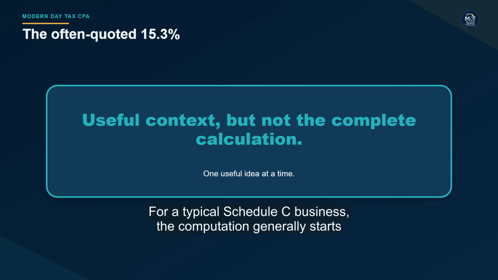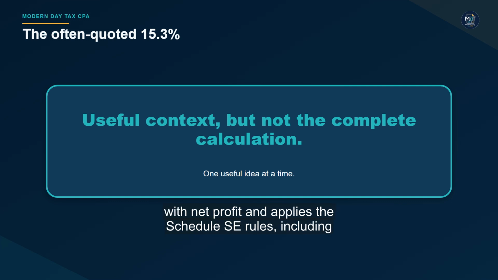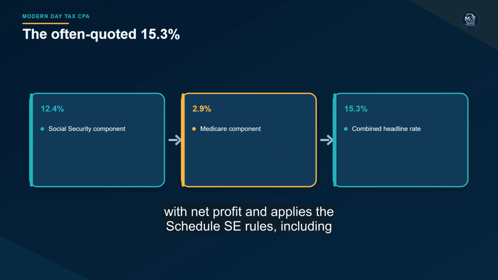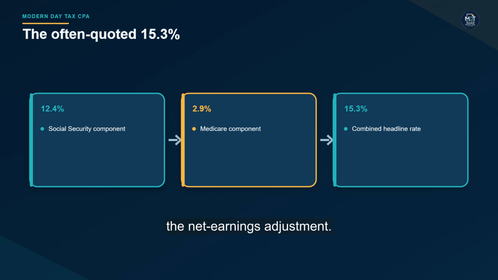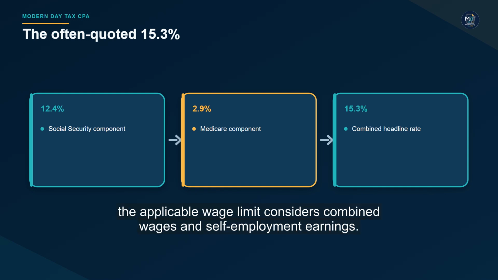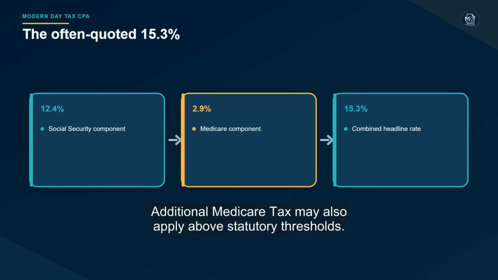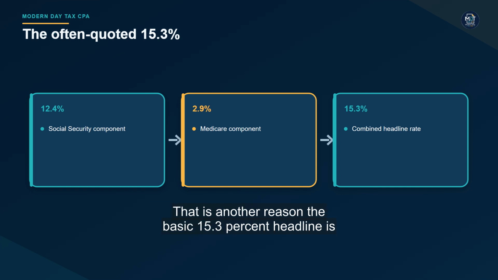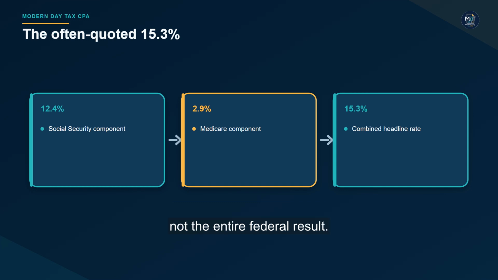For a typical Schedule C business, the computation generally starts with net profit and applies the Schedule SE rules, including the net earnings adjustment. W-2 wages can interact with the Social Security portion because the applicable wage limit considers combined wages and self-employment earnings. Additional Medicare tax may also apply above statutory thresholds. That is another reason the basic 15.3% headline is not the entire federal result.